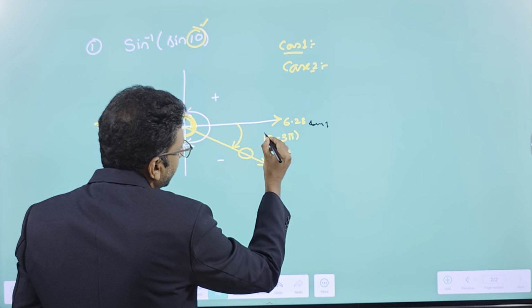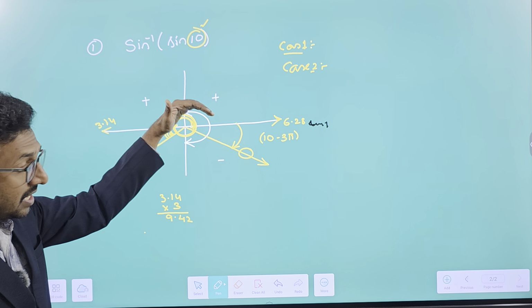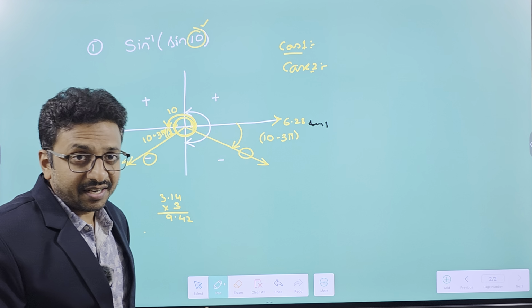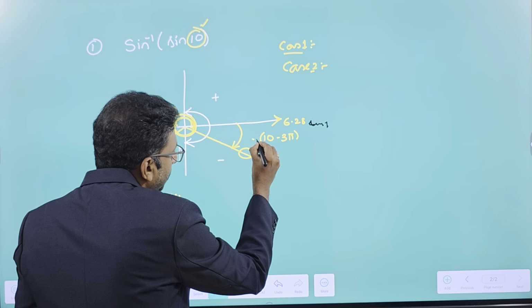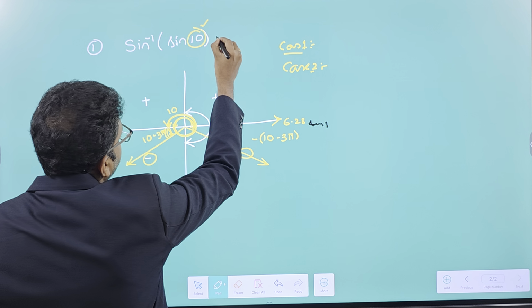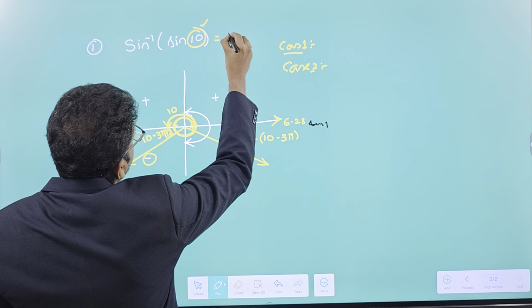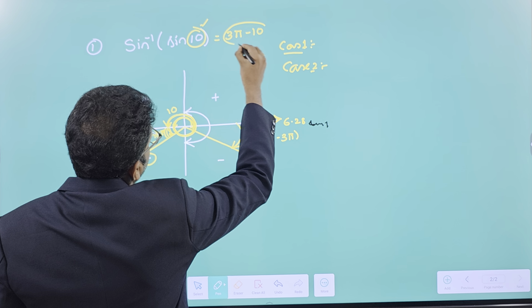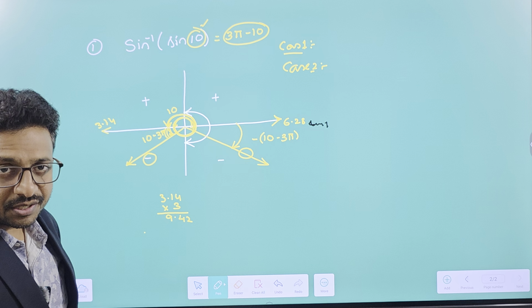But this angle is calculated in the clockwise direction. So clockwise angles are negative as we know. So this angle is minus of 10 minus 3 pi. So sine inverse of sine 10 is 3 pi minus 10. So that's the answer to sine inverse of sine 10.